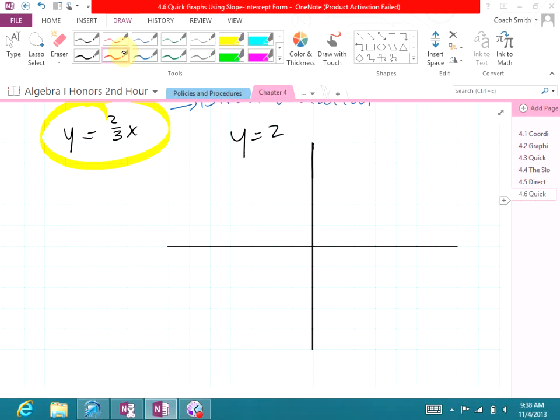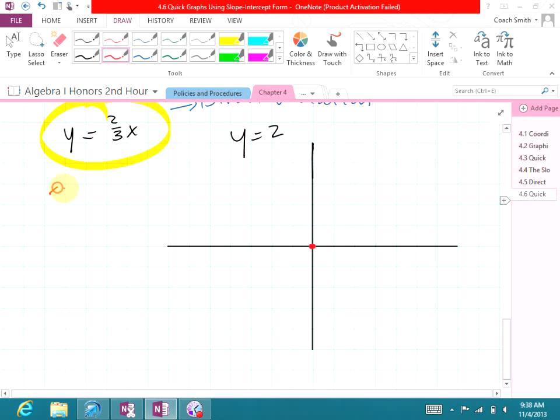So it doesn't have plus 4 or minus 2. It just has 2/3 x. That is a direct variation, so we start here. There's our first point. We know that a line that is a direct variation goes through the origin, where x and y cross each other. So, there's my first point.